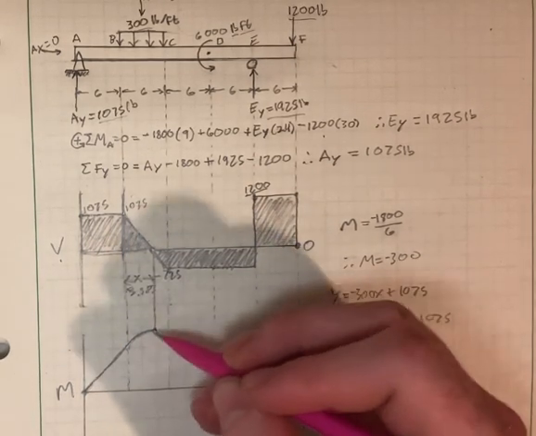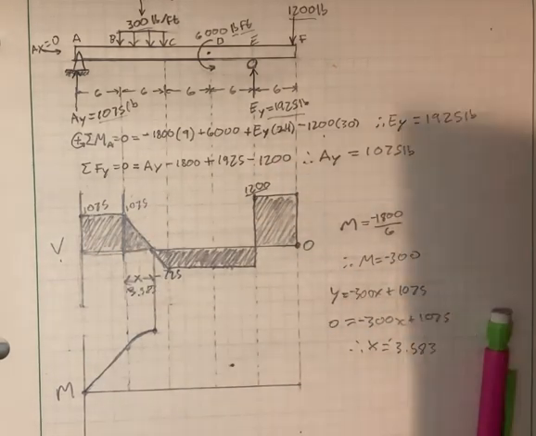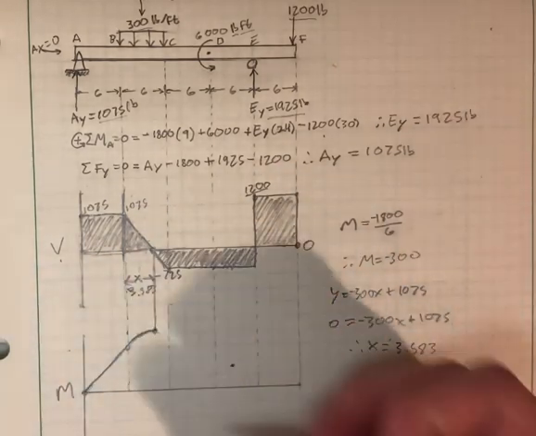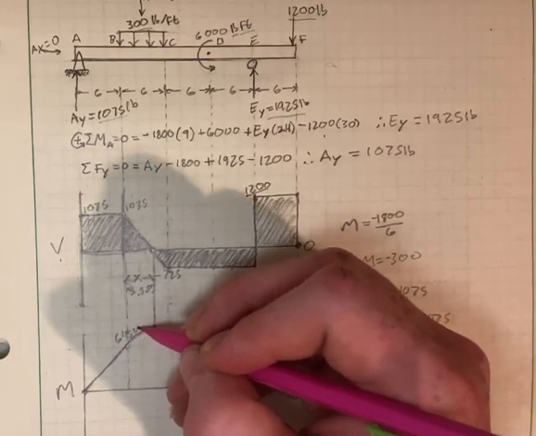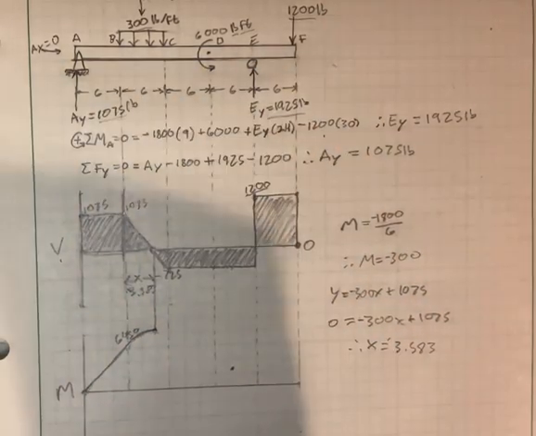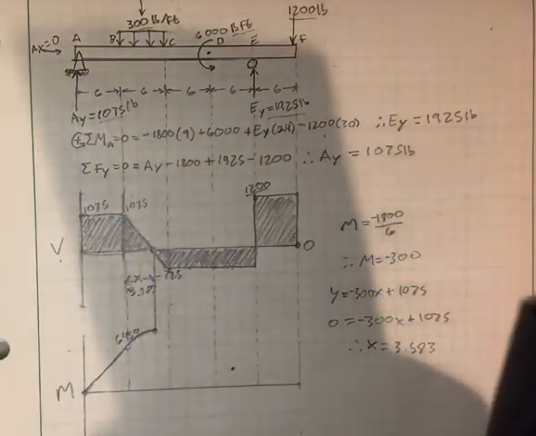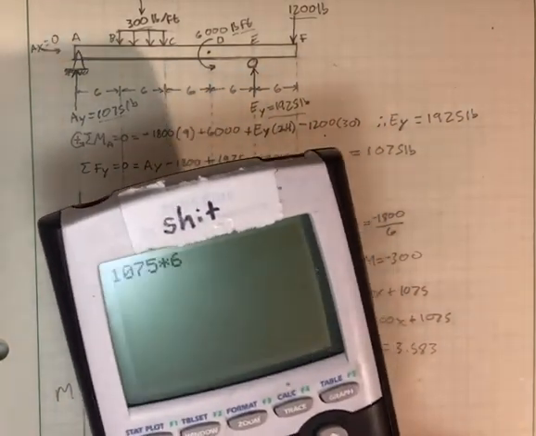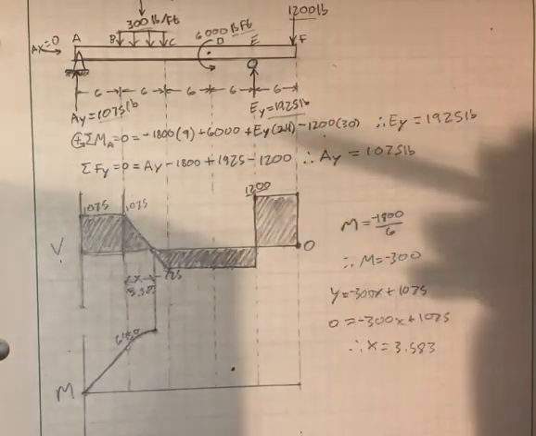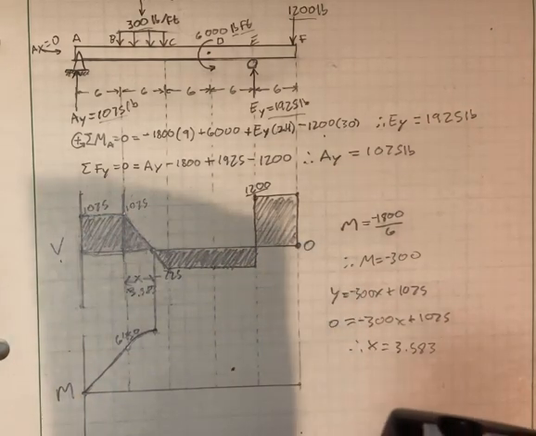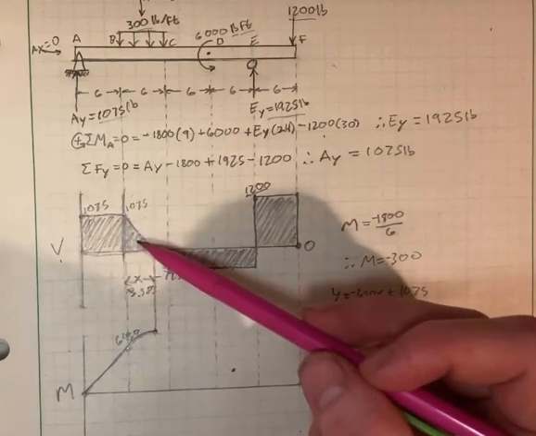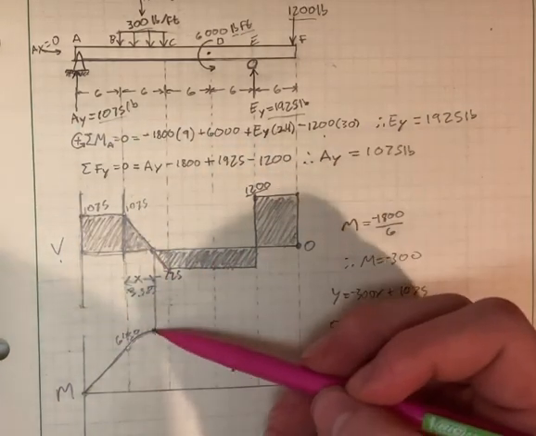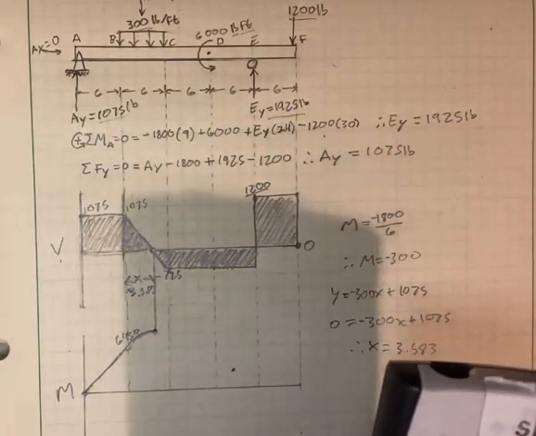Now, what is this point? How high up did we get? I'm sorry, I didn't put that last value on there, which was 6450. Remember that? Because that's the area of this: 1075 times 6 is 6450. Plus the area under this curve is how much more we go up with that parabolic line.